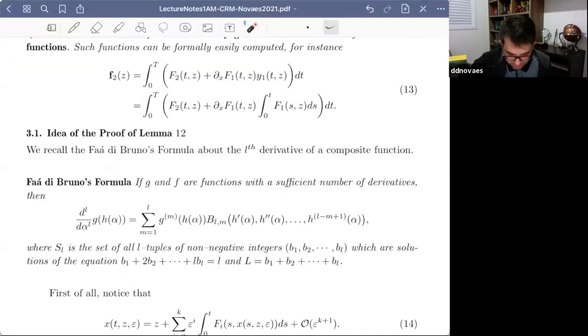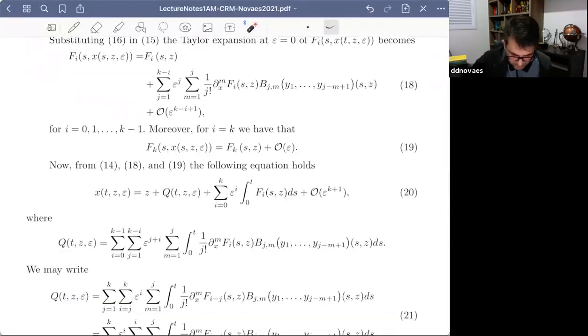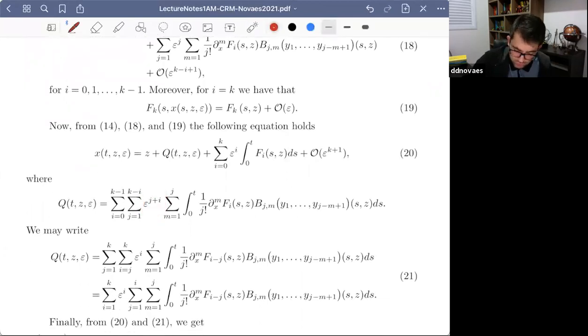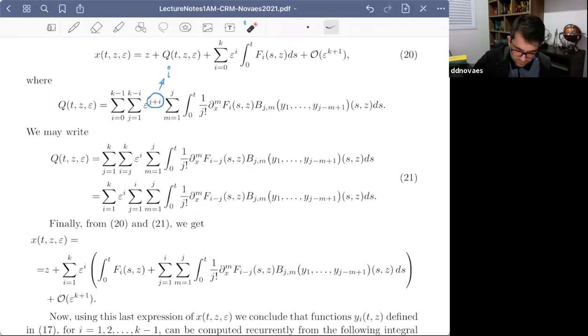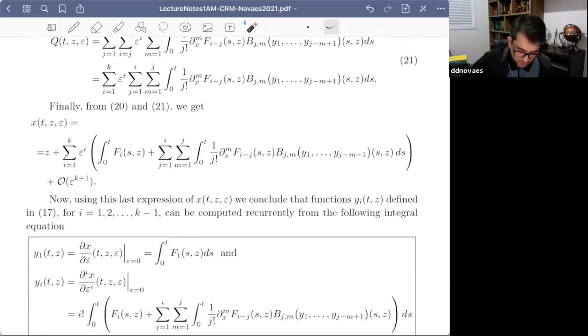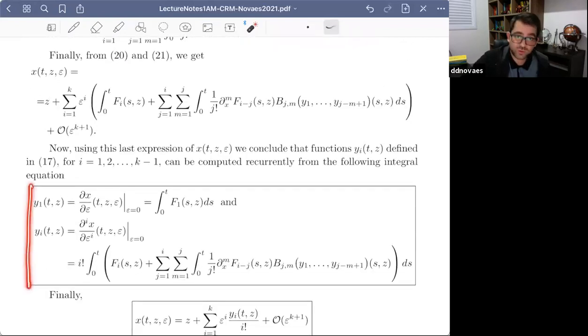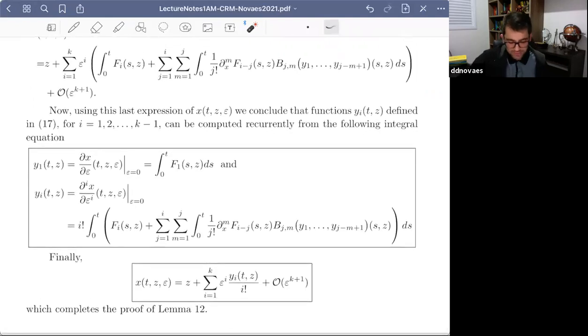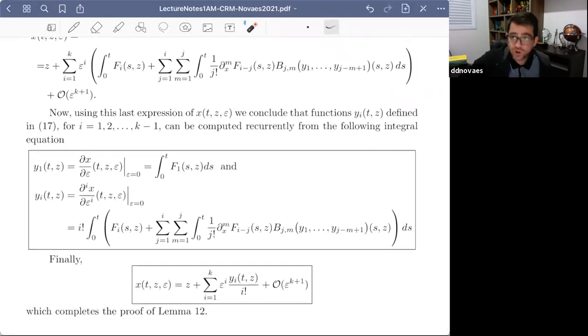Then we obtain epsilon to the power j plus 1. Then we just have to call this exponent by i. We made a change of index in those sums, and doing the manipulations, we obtain our recursive formula for the functions y_i's. Okay? And this completes the proof of Lemma 12.